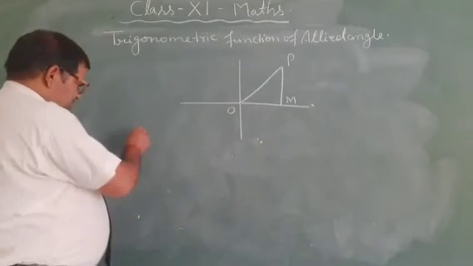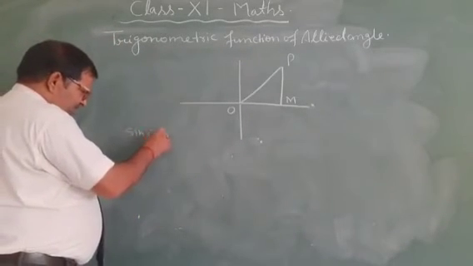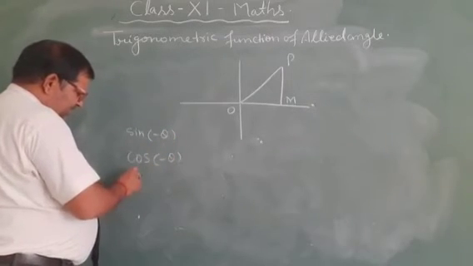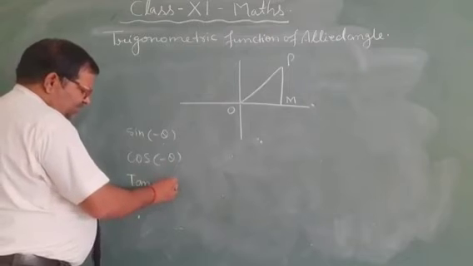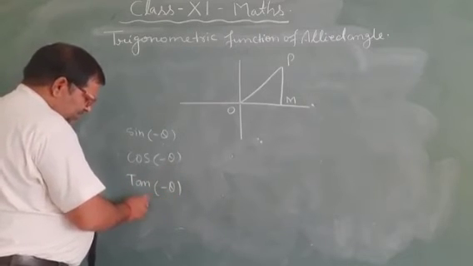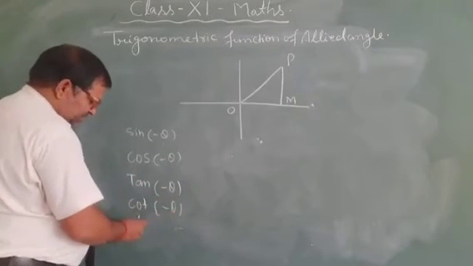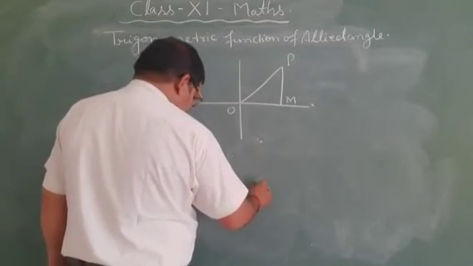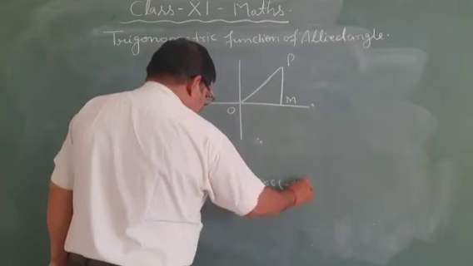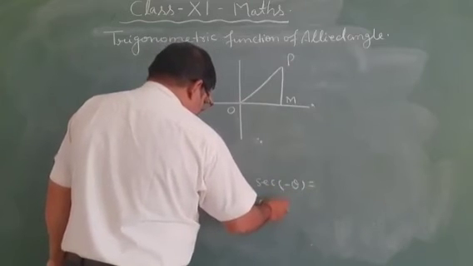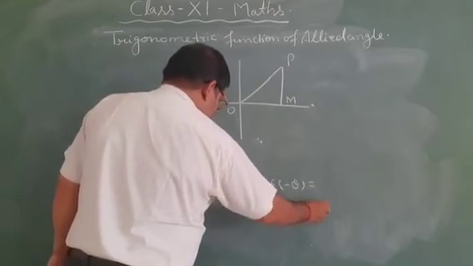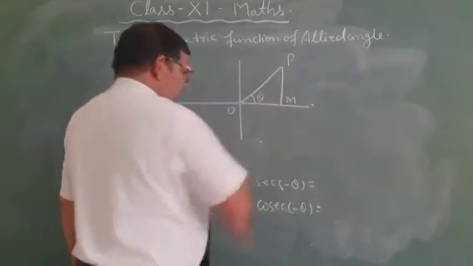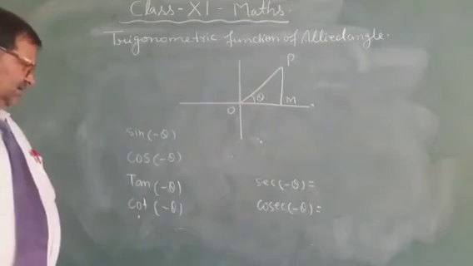That is sin minus theta, cos minus theta, tan minus theta, cot minus theta, sec minus theta and cosec minus theta. This angle is theta.